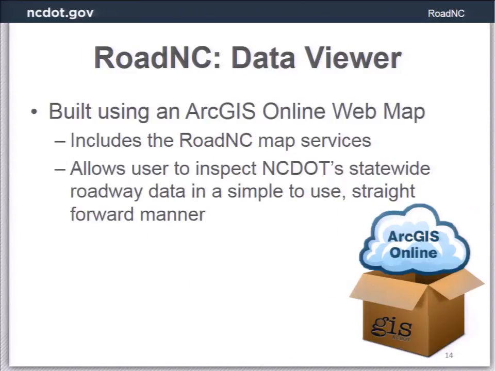So in comes our RoadNC data viewer, and that was built using an ArcGIS Online web map, and it includes the RoadNC map services that I just described, and allows users to inspect the statewide roadway data in a simple-to-use, straightforward manner.